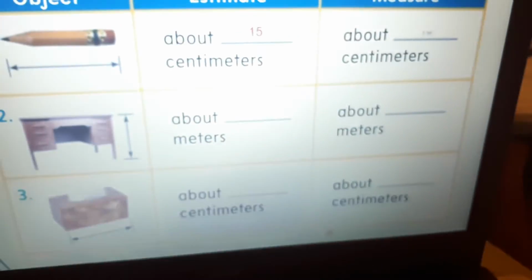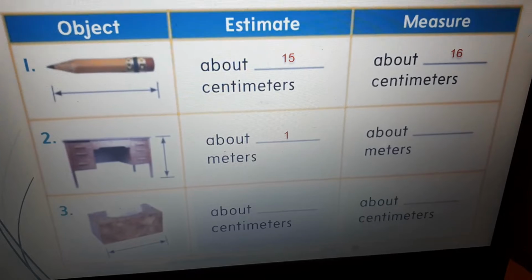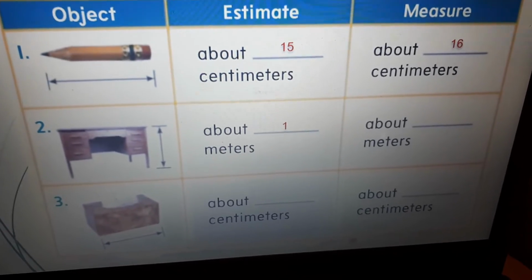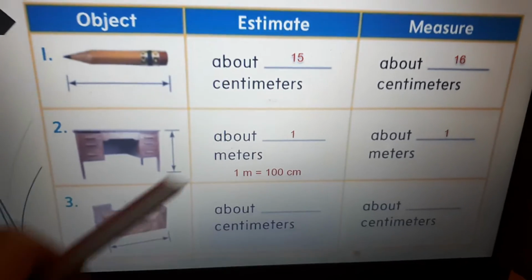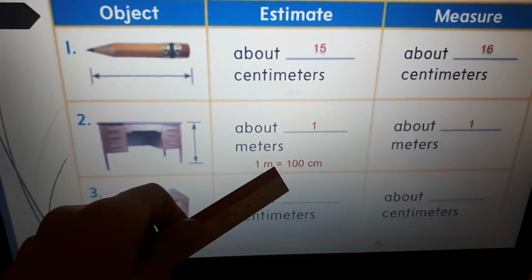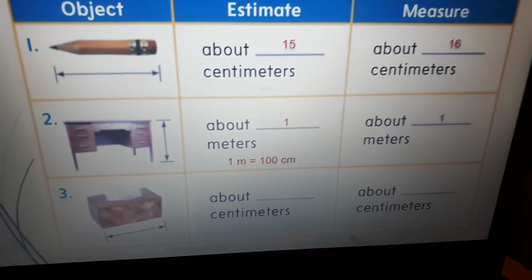This is also another pencil. Okay, it's 16. Now, the desk is 1 meter. 1 meter is equal to 100 centimeters. You see this one, I write M. M represents meter and cm represents centimeter.